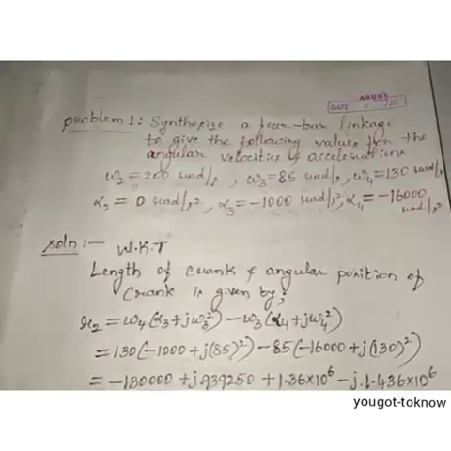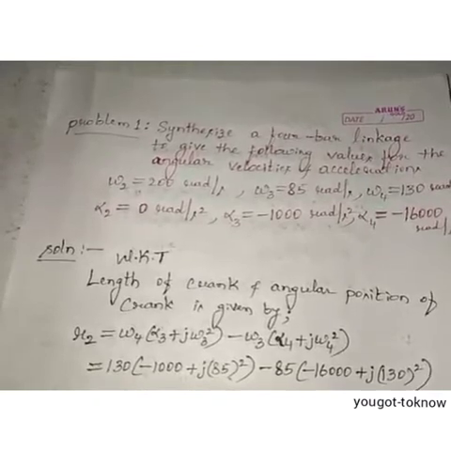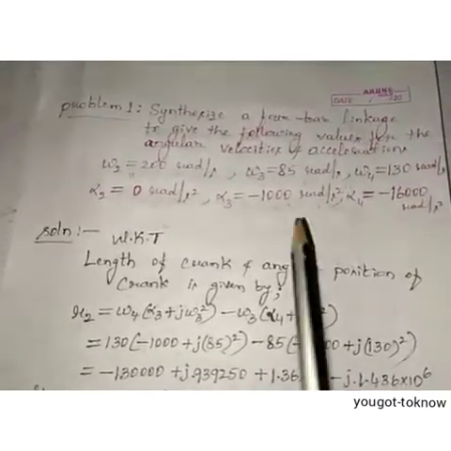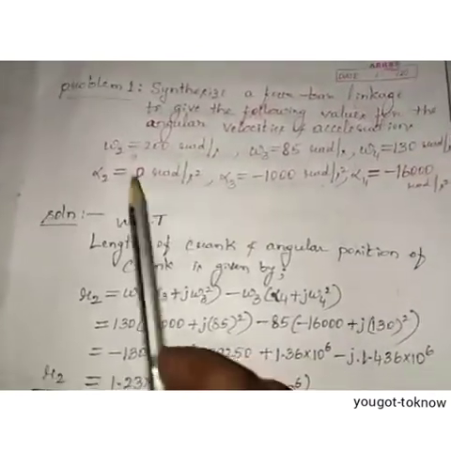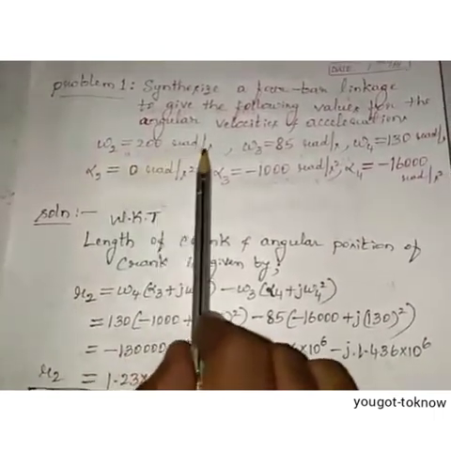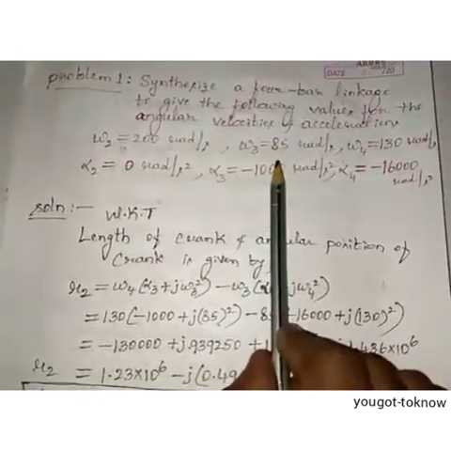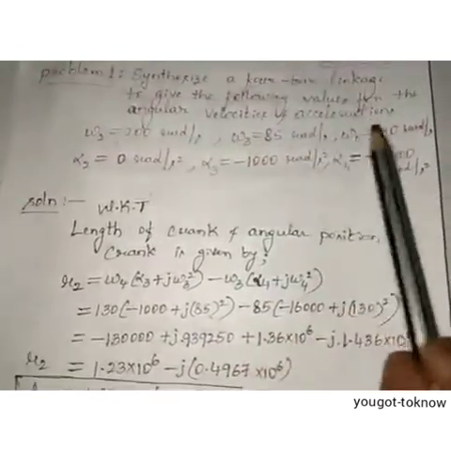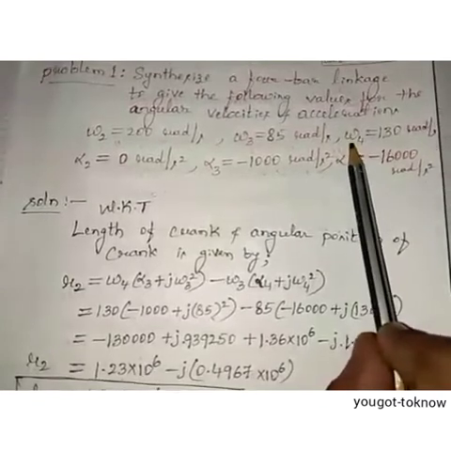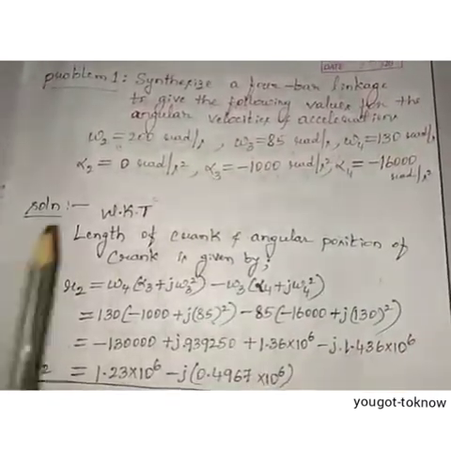Here we can see an example for Bloch's method. In the given example, angular velocity of link 2 is 200 radians per second, angular velocity of link 3 is 85 radians per second, angular velocity of link 4 is 130 radians per second.